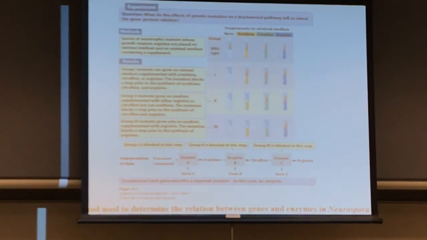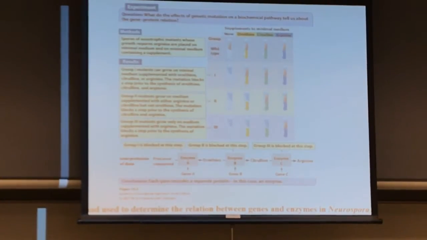So this way, when they kept adding one compound, if it's not growing, they said, hey, what is the pathway for the synthesis of this compound? Now let's go back and add those compounds, the precursors, and see if it's actually the mutation within the arginine gene for arginine synthesis, or is it a mutation in a gene that is for the precursors of arginine.